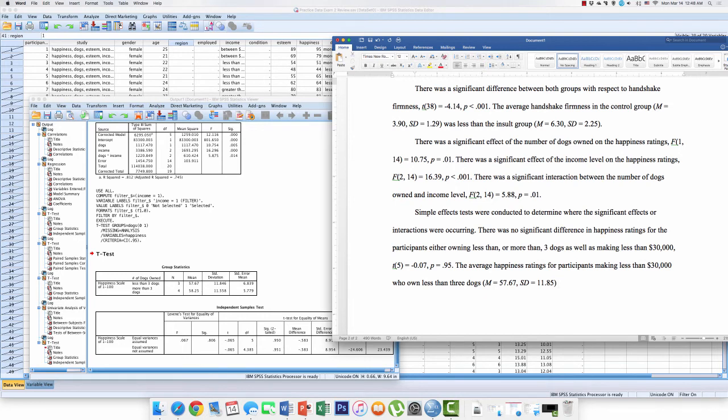The average happiness ratings for participants making less than 30,000 who own less than 3 dogs were similar to participants making the same amount and who own more than 3 dogs.